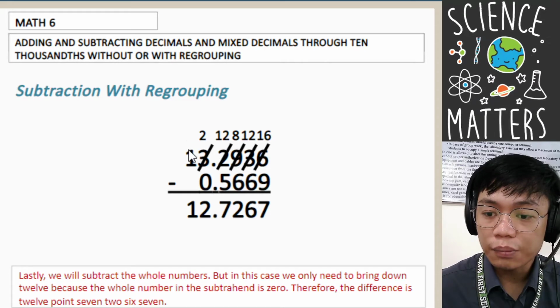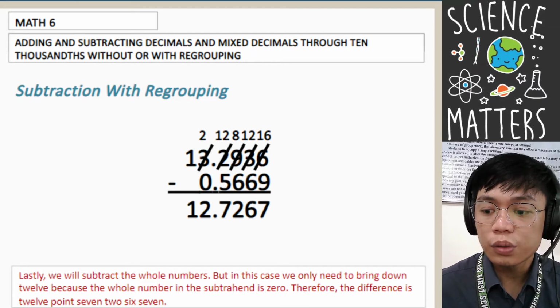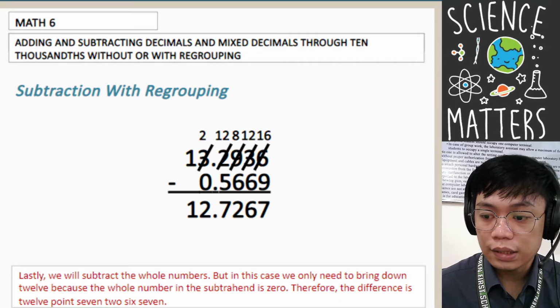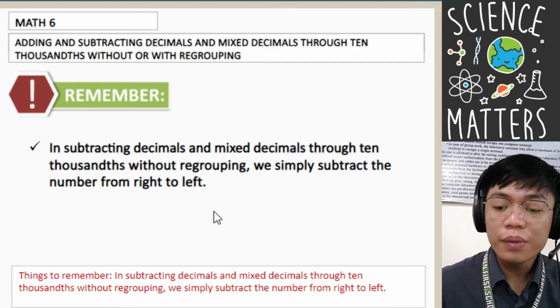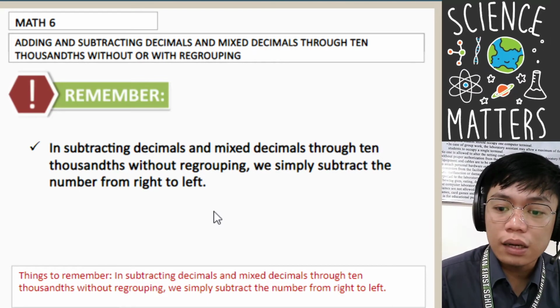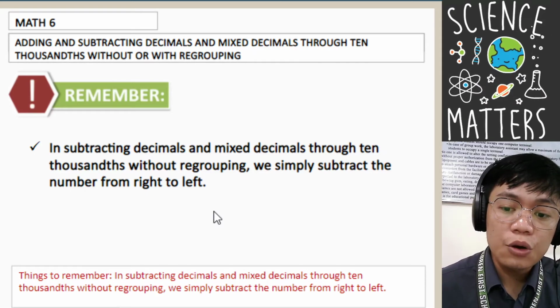Then let's just bring 1 down to get 12.7267. So the difference will be 12.7267.